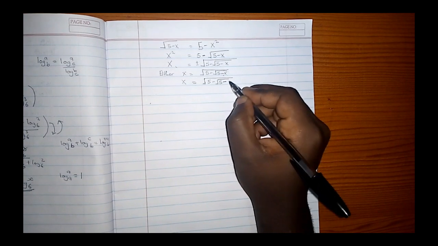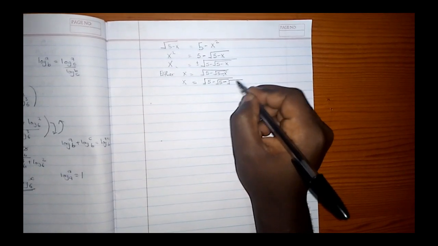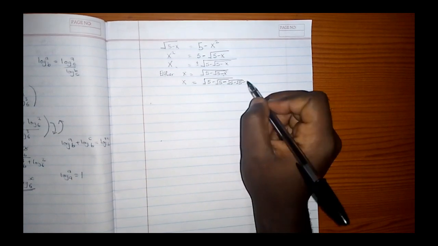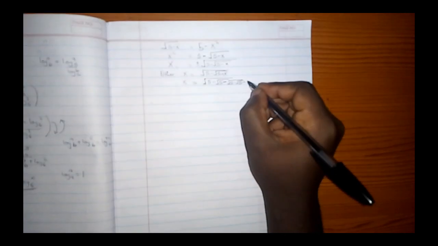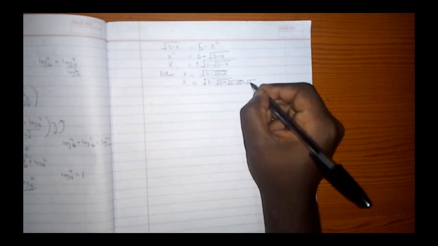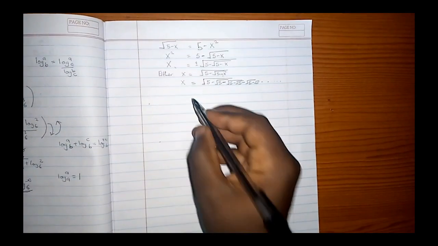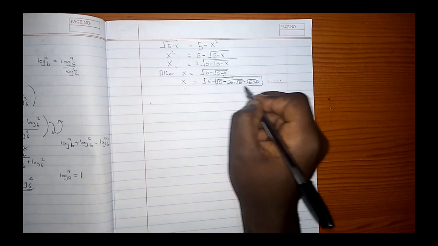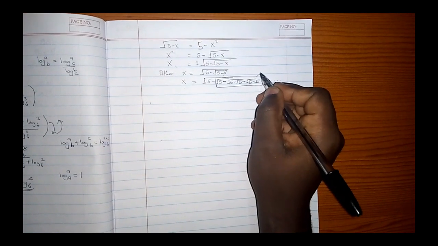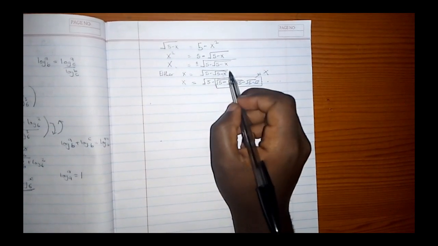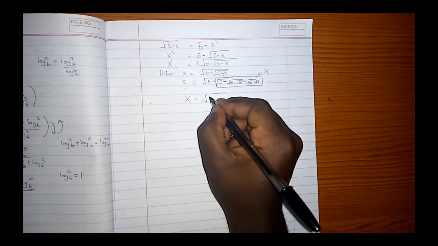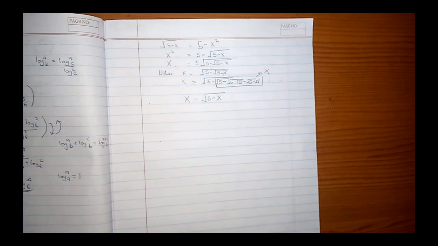That means we're going to have minus the square root of 5 minus square root of 5 minus x, which is again this expression. You go like that, it does not end. Realize that this expression here is my x, because it goes on expanding. That means my x is the square root of 5 minus x.